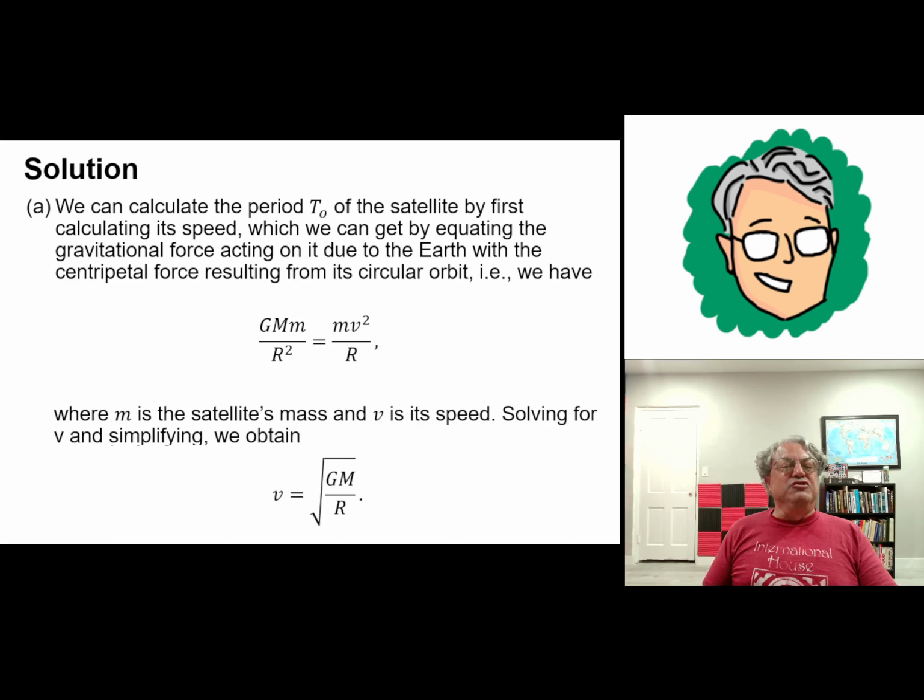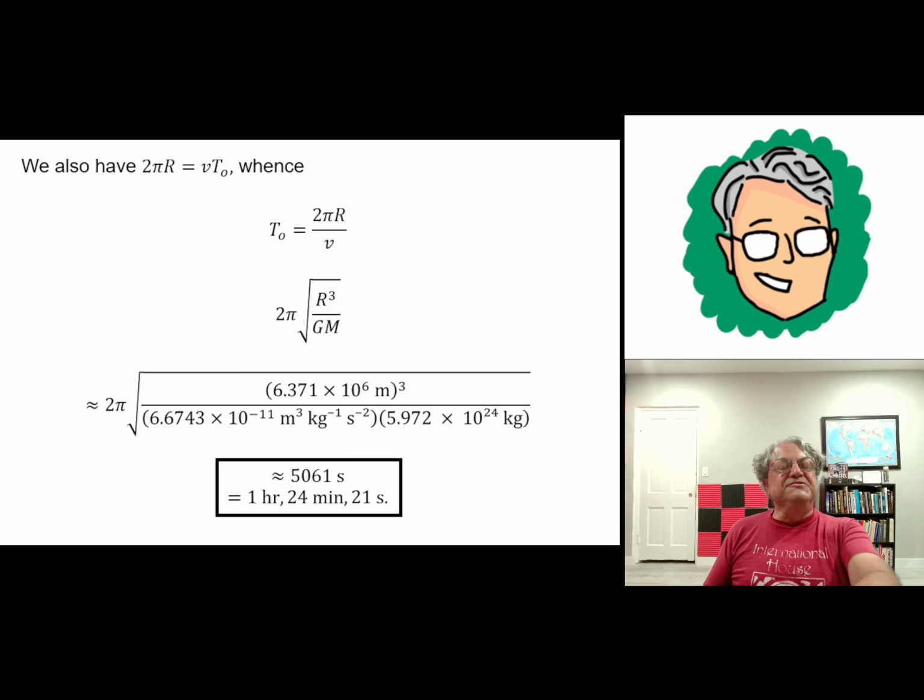And now we just have to do a little bit of algebra to solve for the speed. It turns out to be equal to the square root of the fraction GM divided by R. That's not too hard to derive. But we still have more work to do. That's the orbital speed. We still have to calculate the period, which I'm calling T sub O for orbital period.